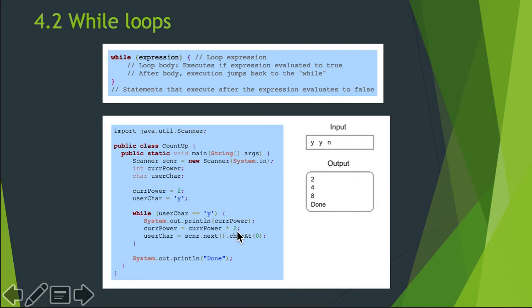Next, 2 is multiplied again by 2 to get 4, and then 4 is multiplied by 2 again to get 8. When you key in the third time n, it checks that the user character is n, so it's done, and you print out done.